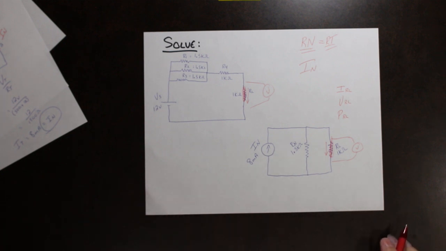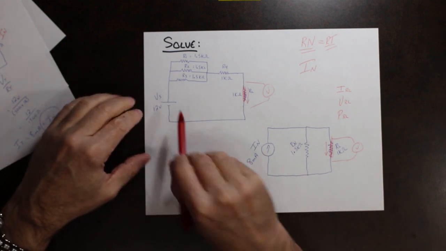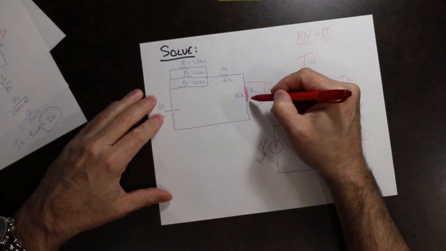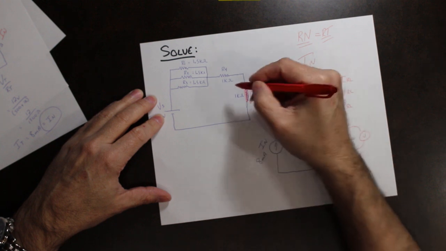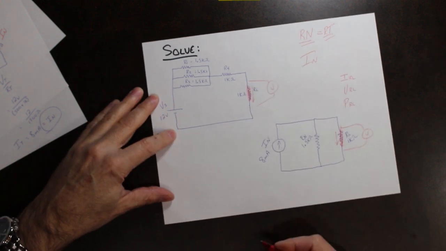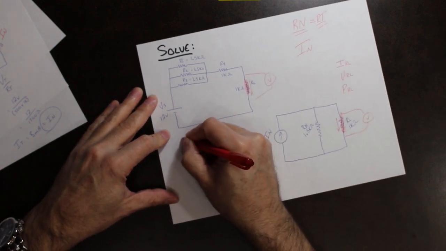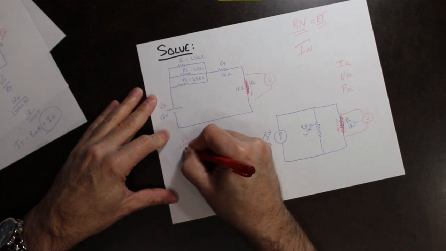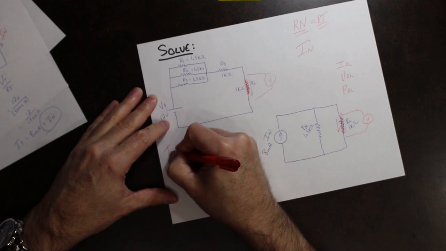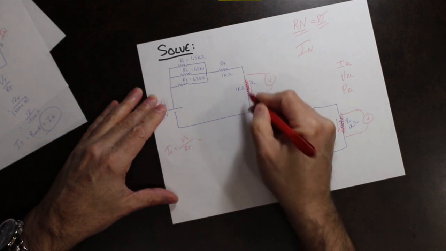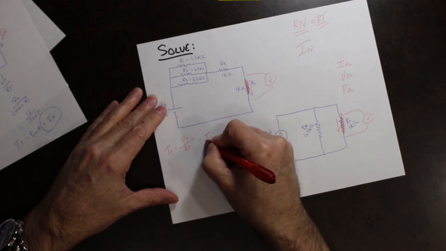So for this circuit, the current that's flowing through there happens to be I total. We can find it by saying Vs divided by RT is I total, and that just happens to be, in this case, the current through the load.